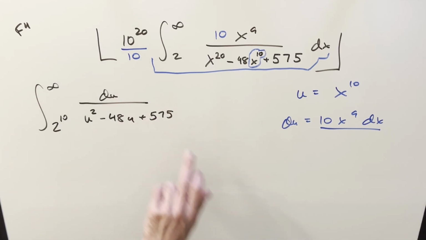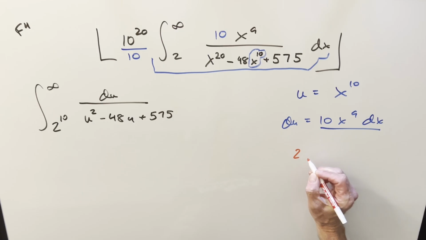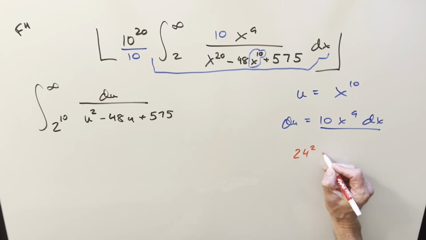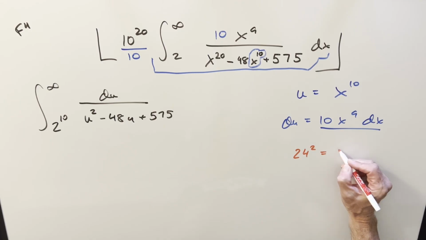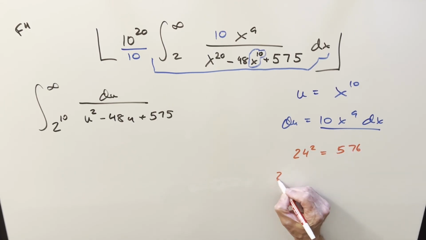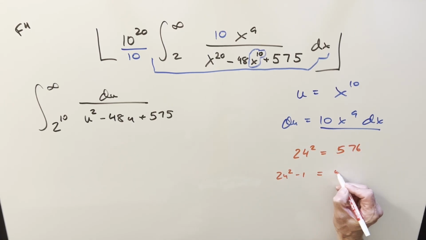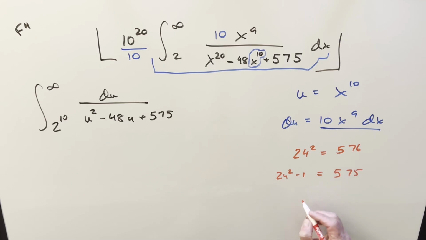But 575 is pretty nice because 24 squared is 576. So let's do this. But then if we have 24 squared minus 1, that's 575. Factoring that as a difference of two squares, you get 24 plus 1, 24 minus 1.